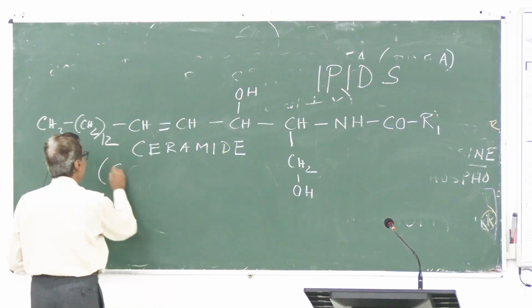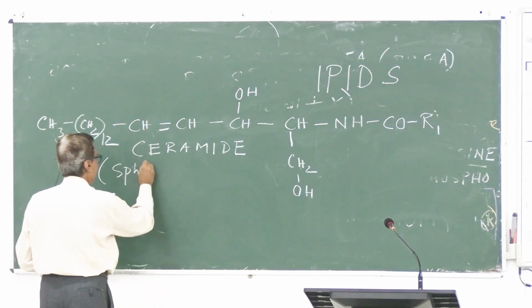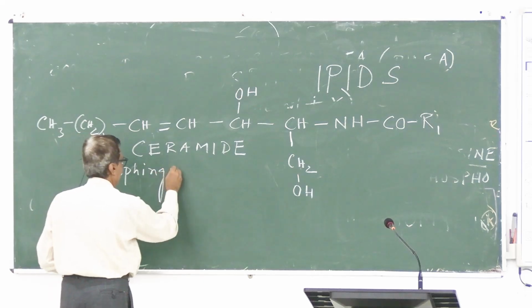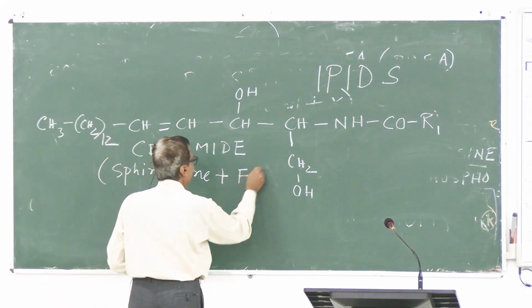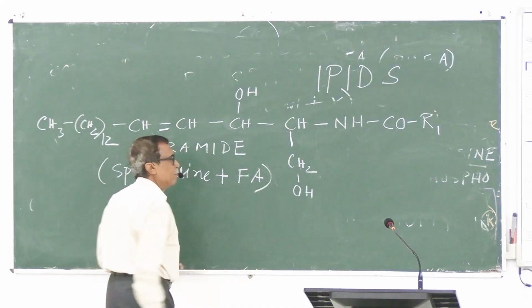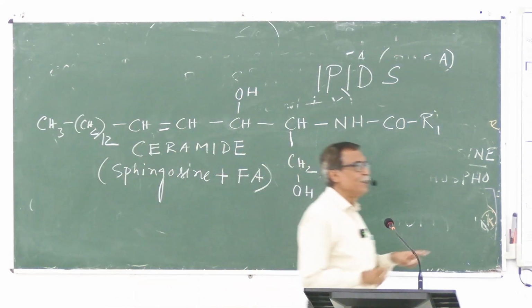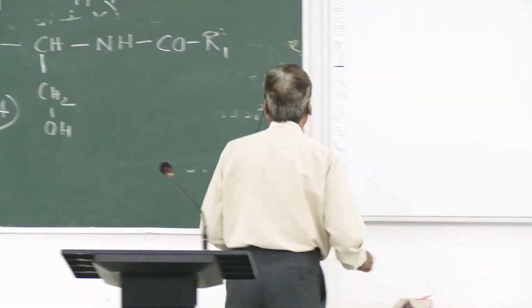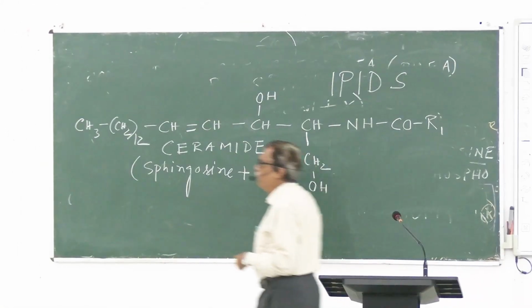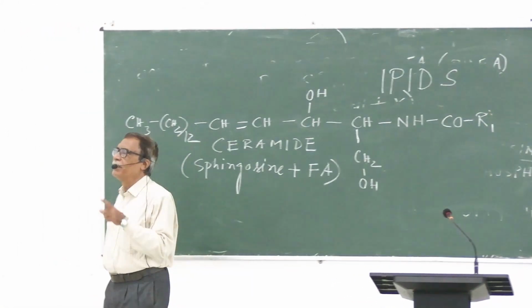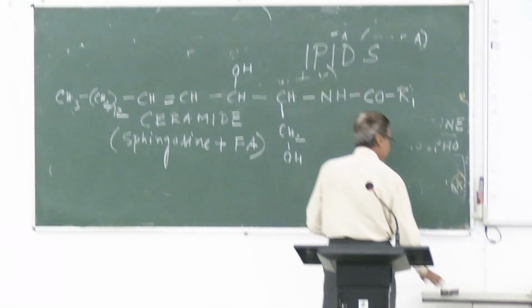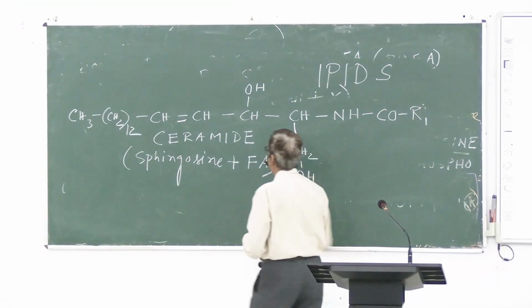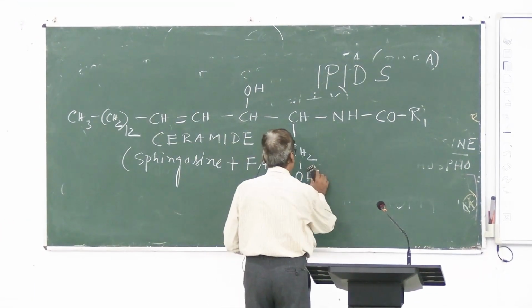That is sphingosine plus fatty acid. This is the structure of ceramide. And the sphingophospholipid sphingomyelin is a derivative of ceramide.